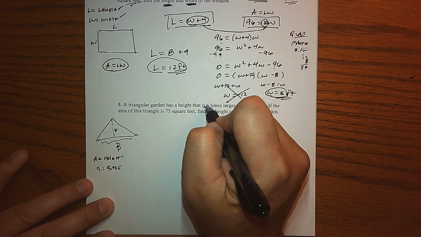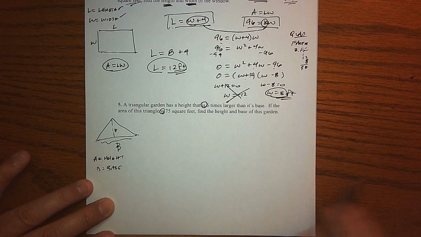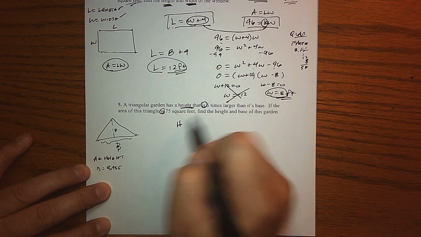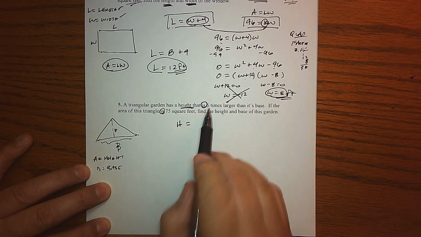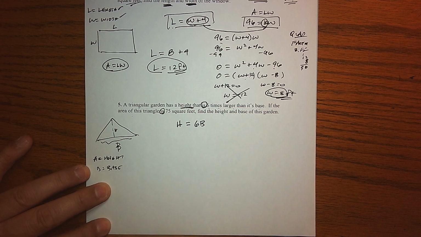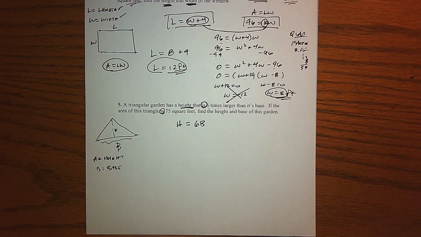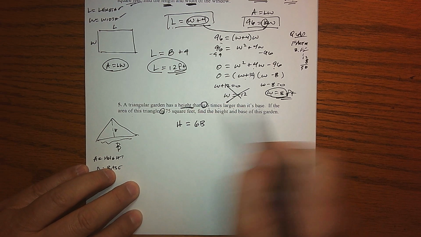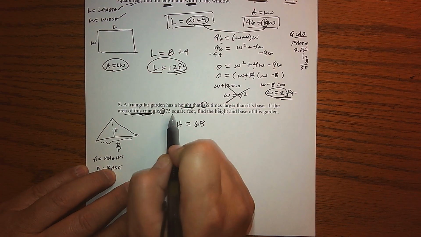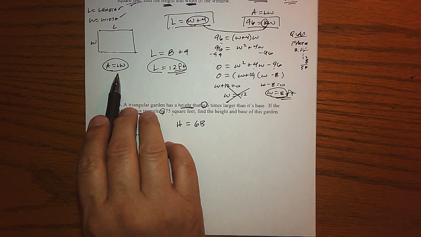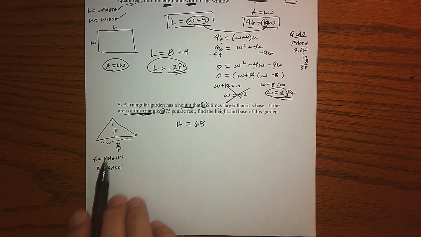And again, translation-wise, the word "is" pops up twice. The first one said that the height, which we've called H, is 6 times larger than its base. So that gives us H equals 6 times B. Then the next says that the area of this triangle is 75. Just like there's a formula for the area of a rectangle, there's also a formula for the area of a triangle.